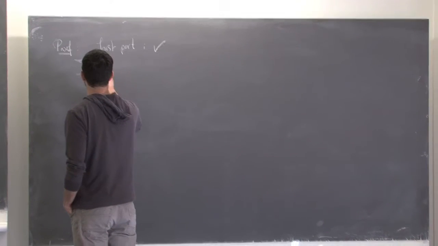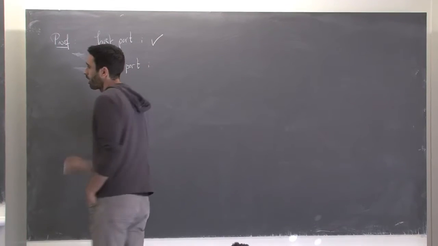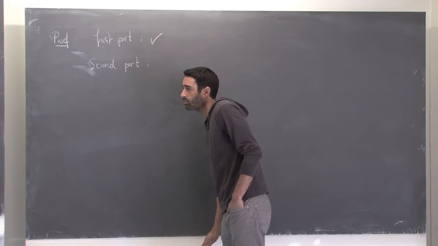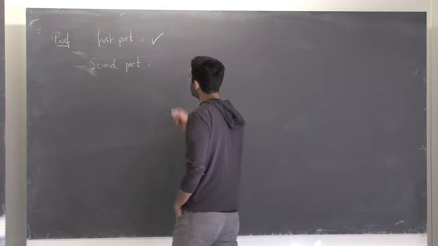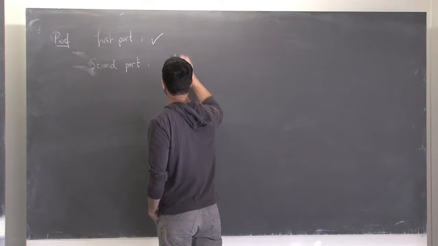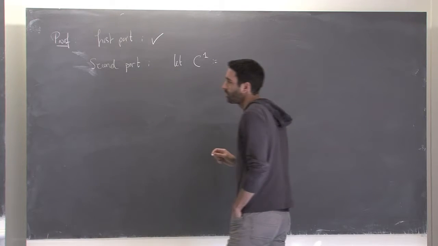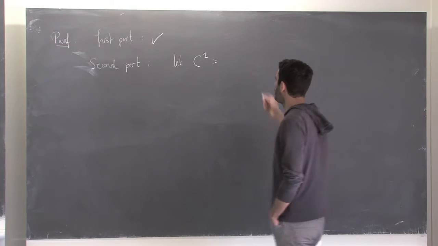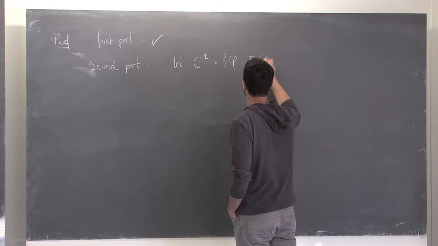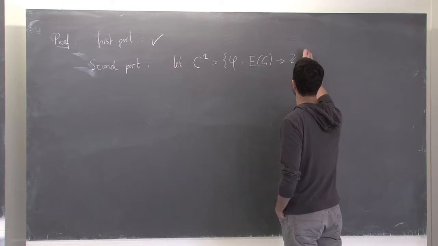So as for the second part, let me just give you the start, and the details are going to be in an exercise. So let C1 denote, so we had already introduced this notation, but you can just see this as the maps from the edges of G to Z2.